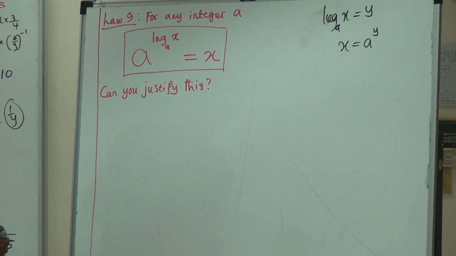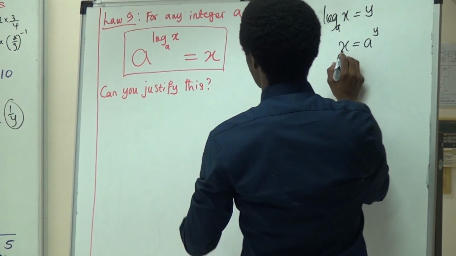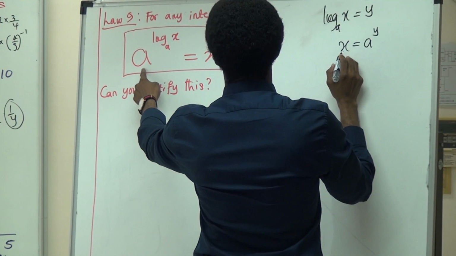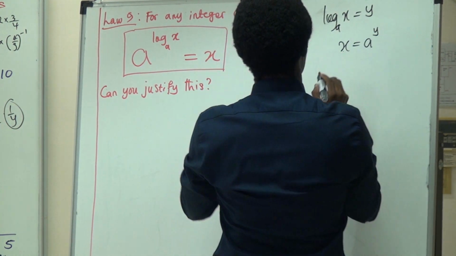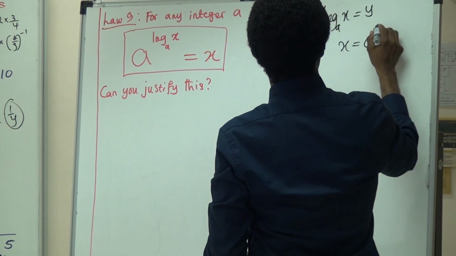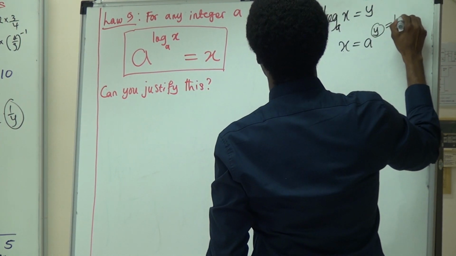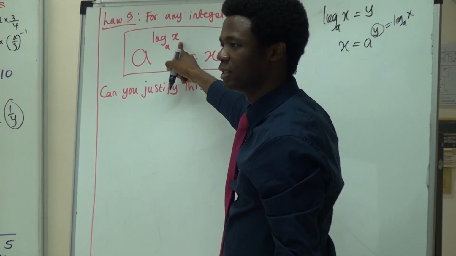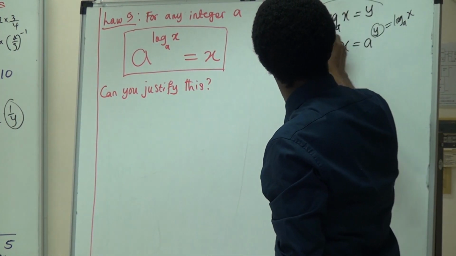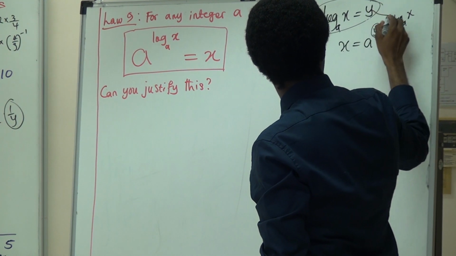Now in this case, your x is your a. Your x is your x. Now your y is log ax. Agree? So now, let's write this form, putting our y as this.